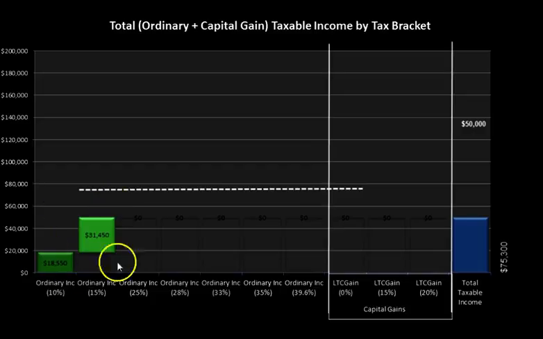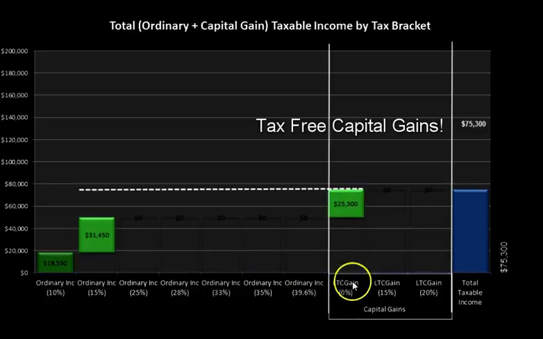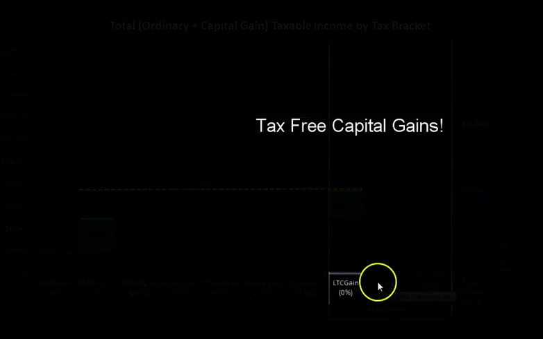In this client's case, they have $50,000 of ordinary income, and we estimate that. And then we're able to see that they can harvest $25,000 of capital gains and still have all that gain taxed at a 0% tax rate.